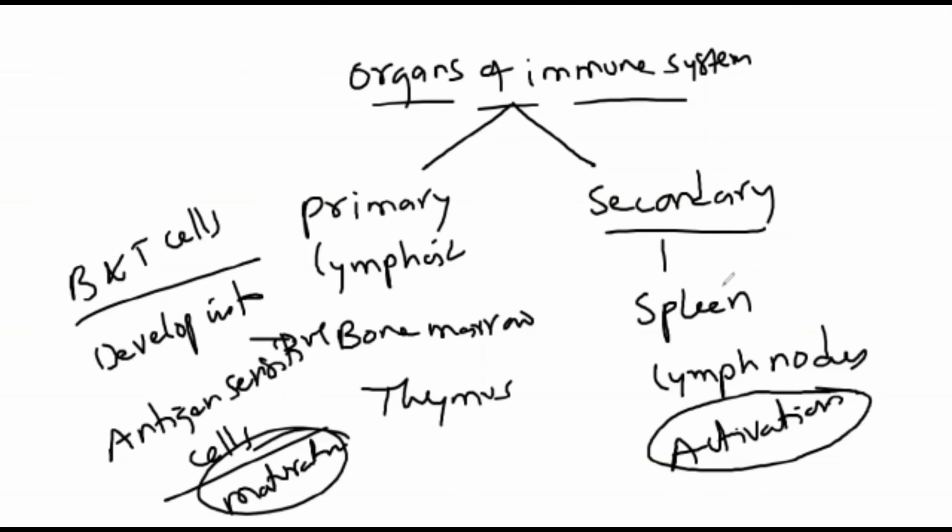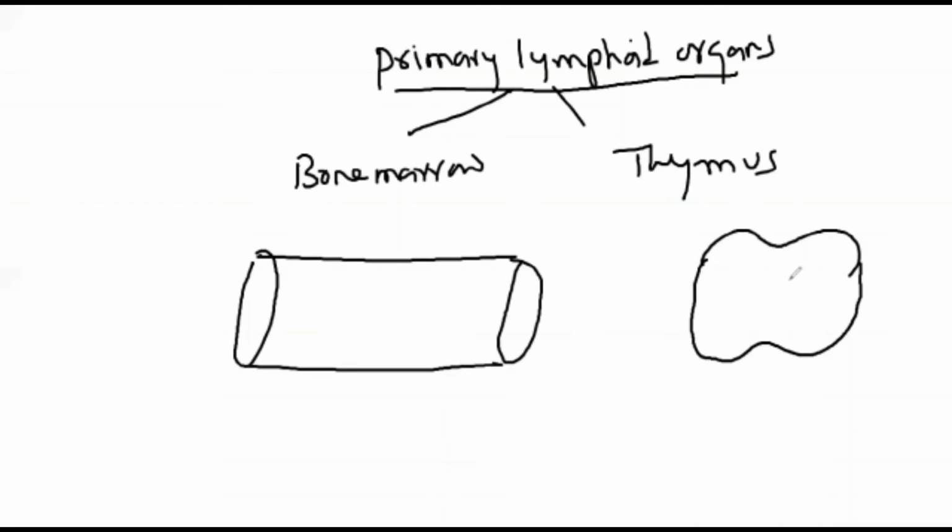Secondary lymphoid organs are those where antigens are trapped, so that whenever the B and T cells reach the secondary lymphoid organs, they can recognize the antigen and become active. So let us discuss these primary lymphoid organs in detail. Primary lymphoid organs are bone marrow and thymus.